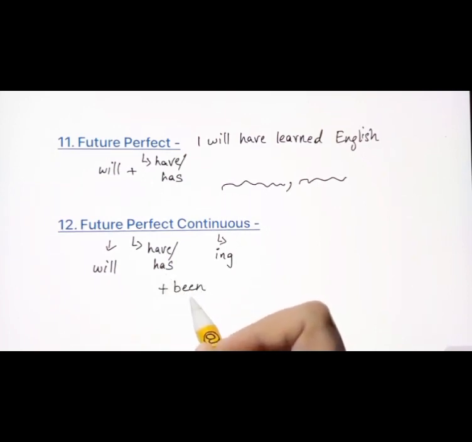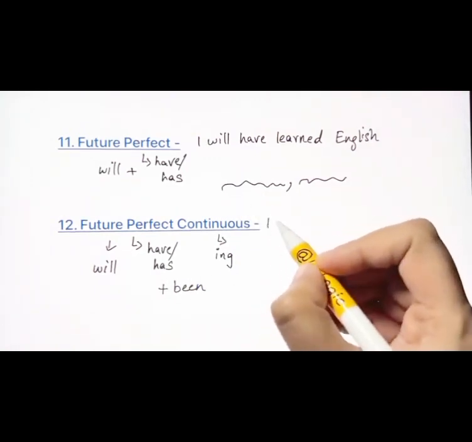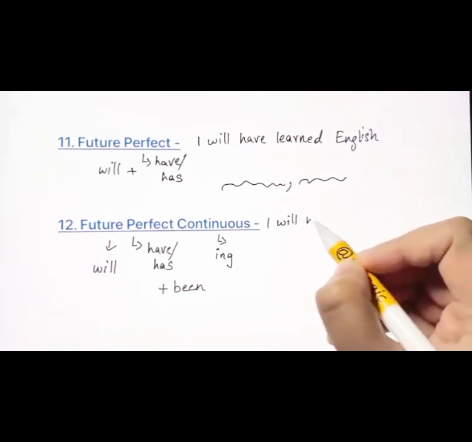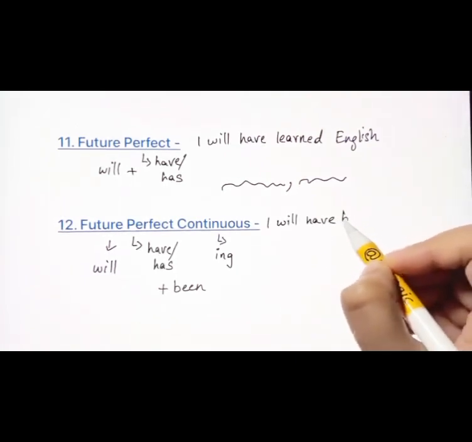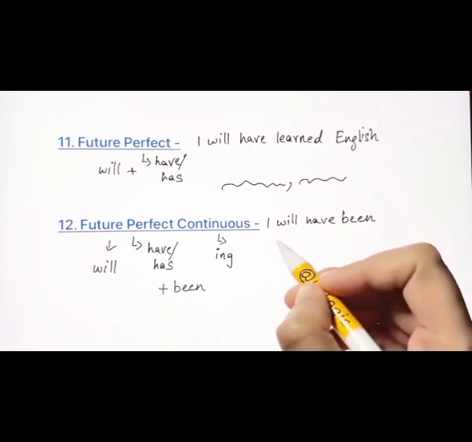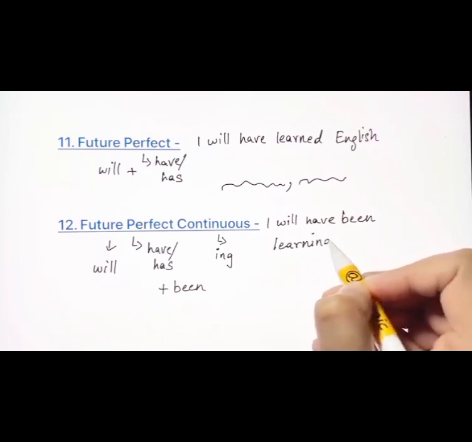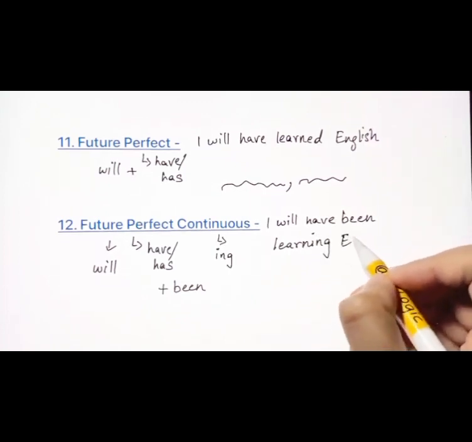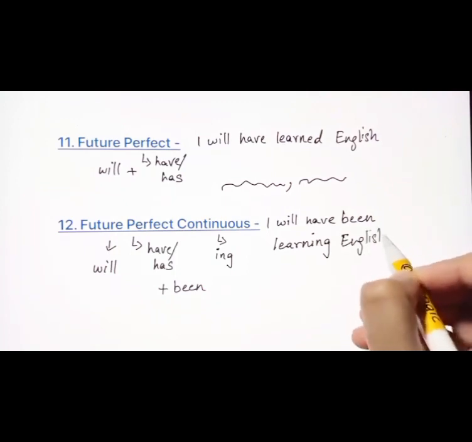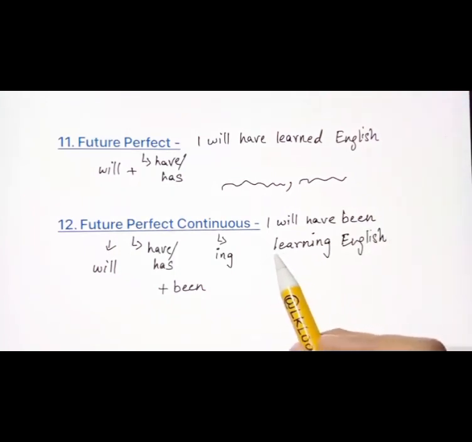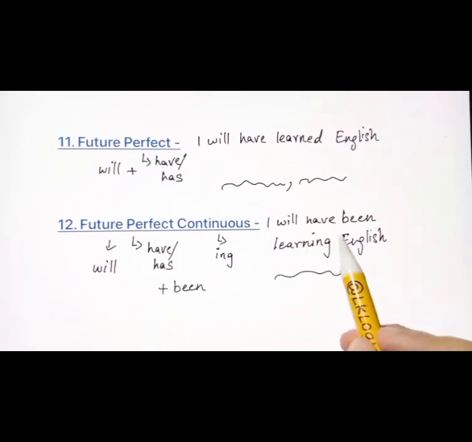So you have to add been to the first helping verb. So what will be our sentence? I will have been learning English. So what does this describe? It describes an action that will continue up till a point in future itself. I will have been learning English for 20 years.